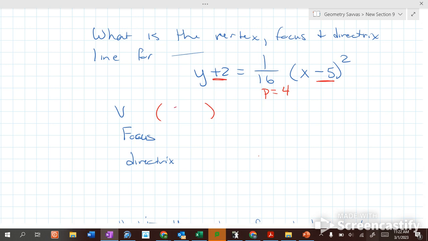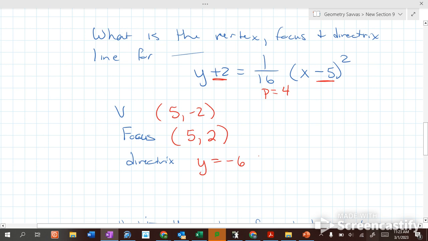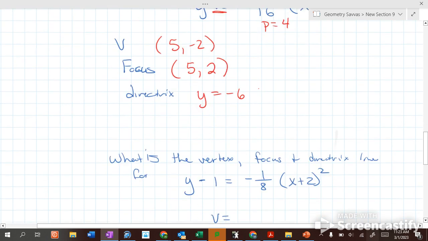So it's 5, negative 2. What's 4 above 5, negative 2? 5, positive 2. Above means you change the y. What's 4 below negative 2? But it's a line, not a point, so y equals negative 6.